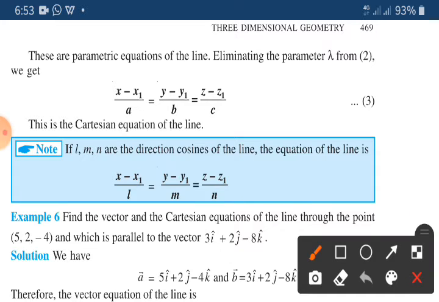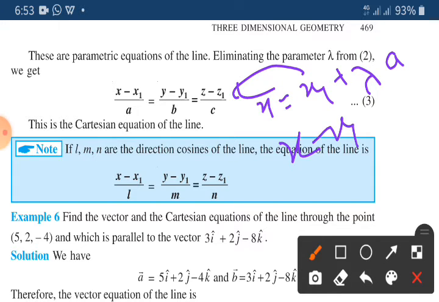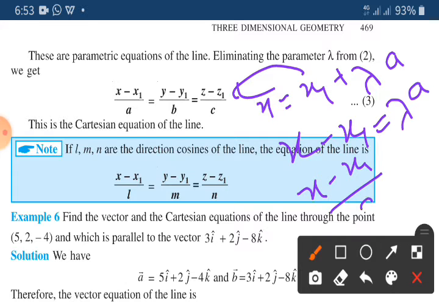Now eliminate the parameter lambda from equation 2. What do you see? In the previous step, x equal to x1 plus lambda a. The x1 going to the left hand side, x minus x1 is equal to lambda a. The a going to the left hand side, x minus x1 by a is equal to lambda.